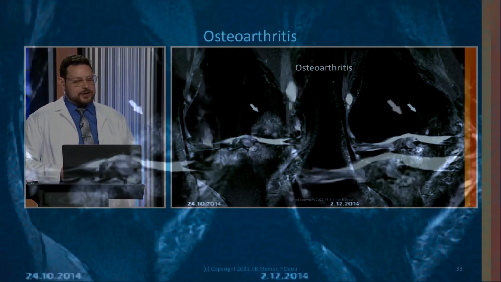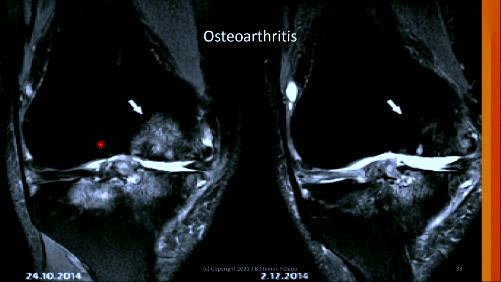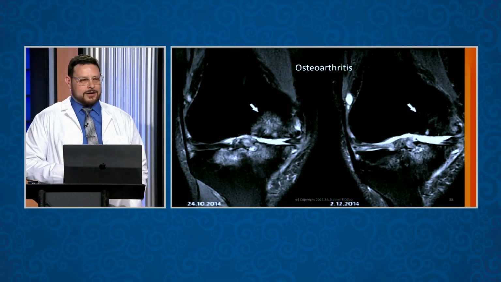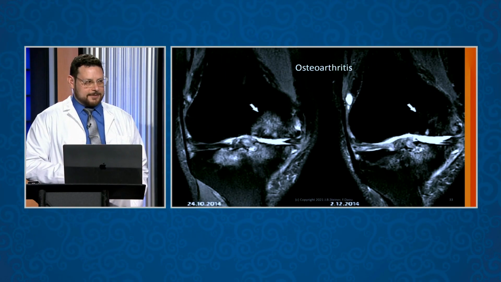Here is osteoarthritis. On the left is before adding qi, and on the right is after adding this benevolent qi. And this slide can be important because many of you have heard, and I've heard it before, that there's nothing acupuncture can do for something like osteoarthritis, right?